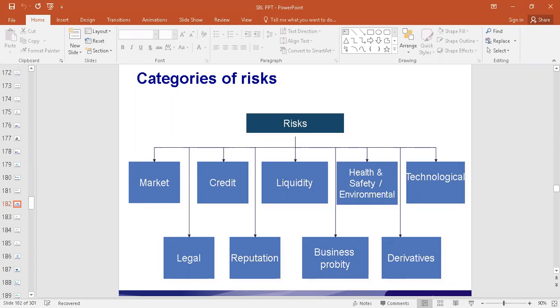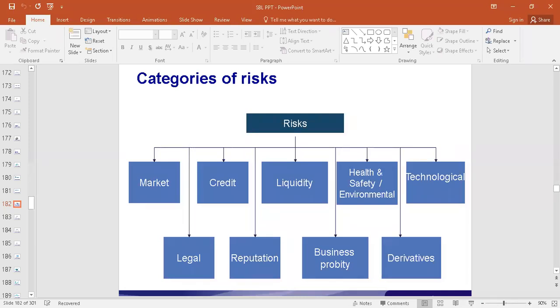Health and safety or environmental risk. See, wherever it is environmental issues, there are certain things to be complied with. There are certain rules and regulations laid out for organizations which have to be followed.